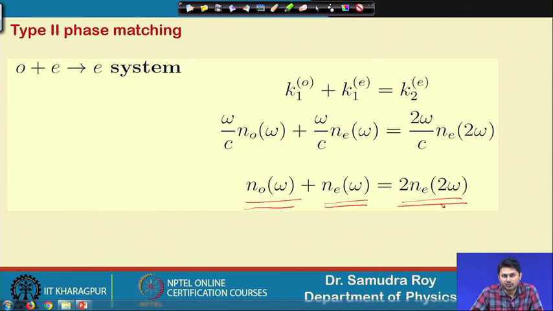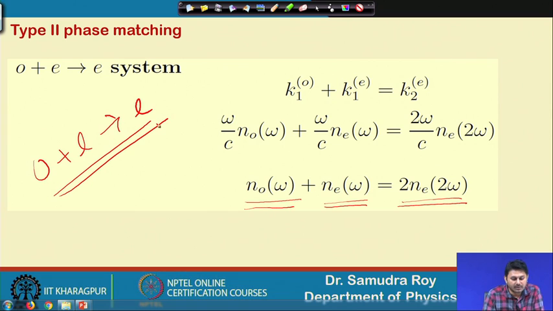This is the type 2 phase matching condition, but this condition is for the O plus E tends to E system. In a similar way, if you do the E plus O tends to O system, that means one ordinary wave and one extraordinary wave lead to one, sorry, this is O, because we have already done these things.